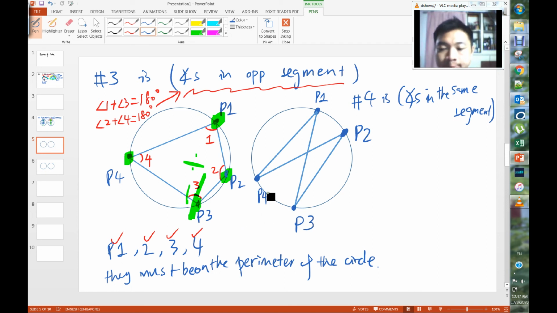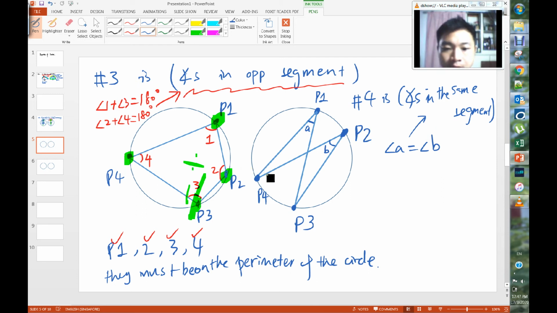Okay, and if these 4 points touch the circumference, therefore this angle A in this case, and this angle B in this case, your angle A is actually equal to your angle B. So this is rule number 4, angles in the same segment.